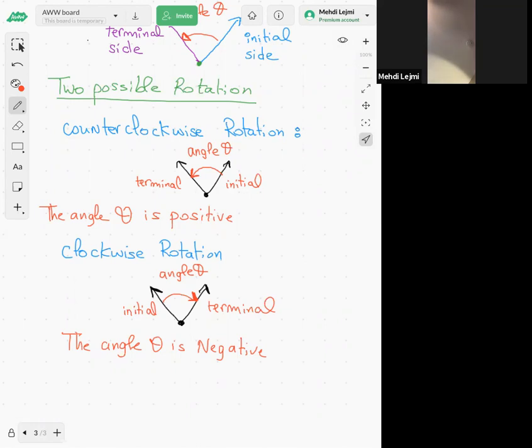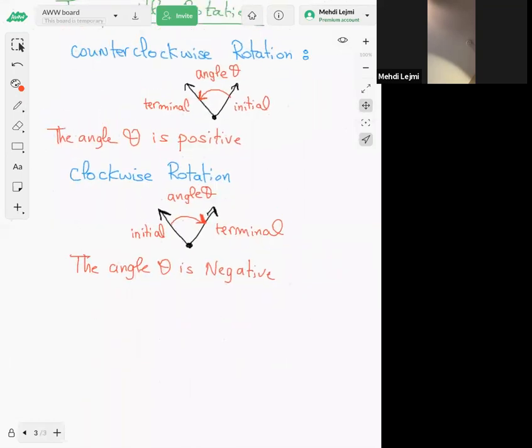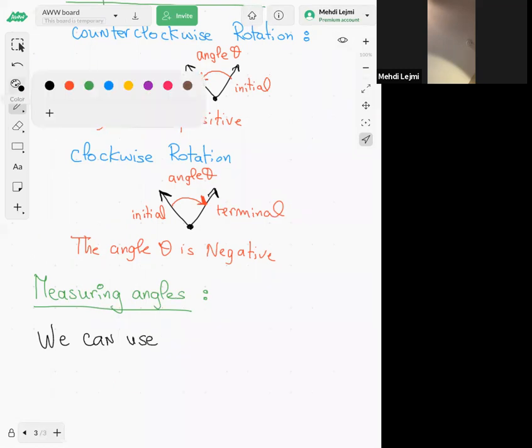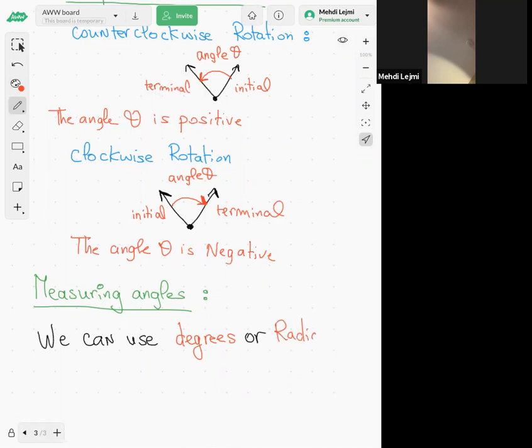So we can use degrees or radians to measure the angles.